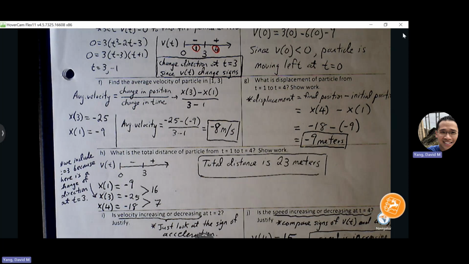Let's say x of 1 is 2, x of 2 is -3, x of 3 is 4, and x of 4 is 2. So from 2 to -3, you're walking 5 steps. From -3 to 4, you're walking 7 steps. And from 4 to 2, you're walking 2 steps. So 14.